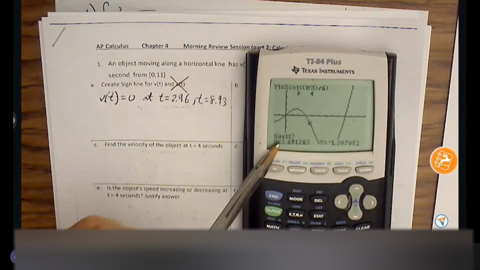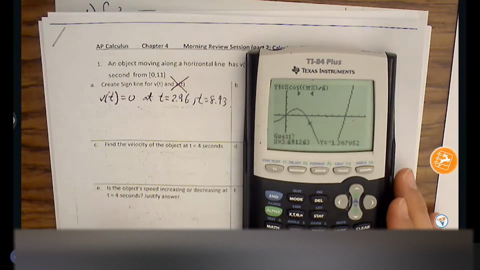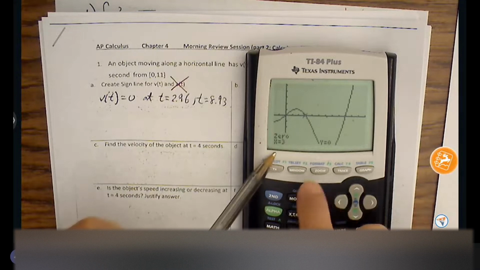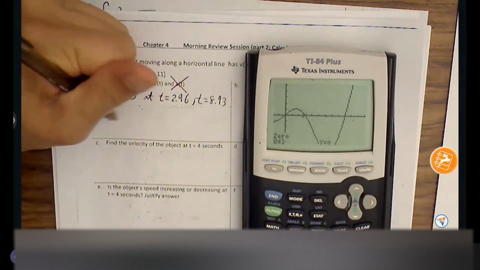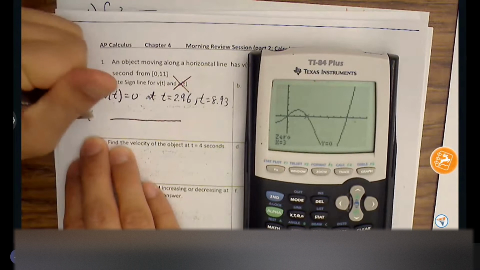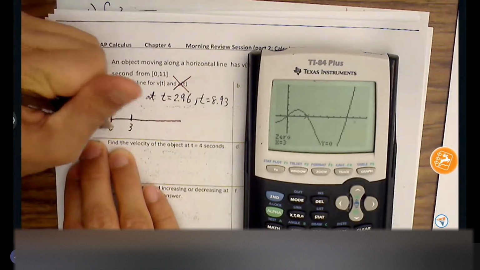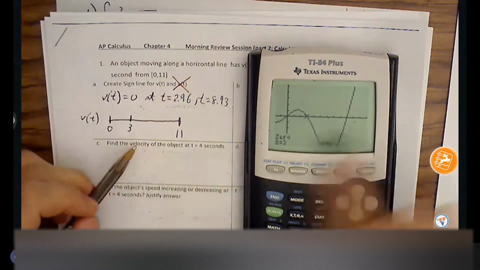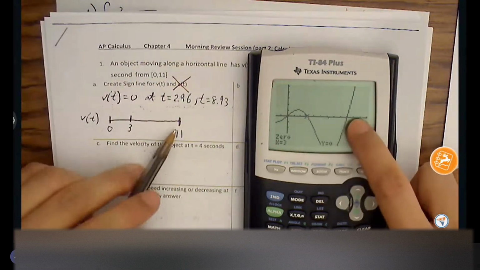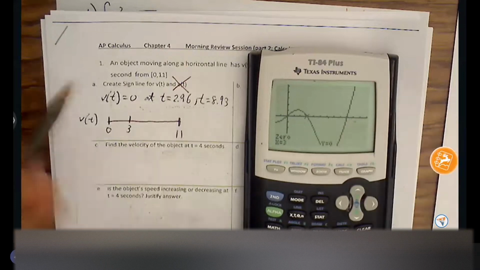Now it says guess, so hit enter a third time, and now it's going to accurately find that x-intercept for us. So it looks like it's exactly at 3. Okay. And we can repeat the same process here, and we're going to get exactly 9.